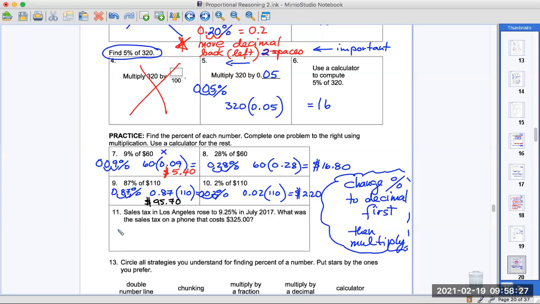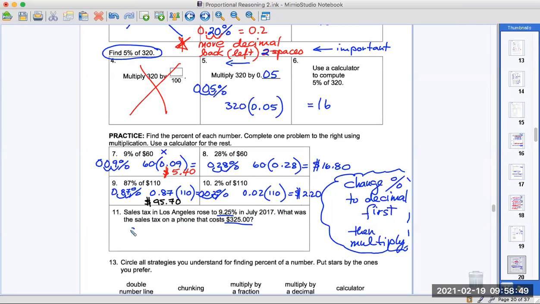Okay. Another sales tax. They raised their sales tax to 9.25%. The phone that you're buying, or your mom, poor mom or dad buying, what was the sales tax on a phone that cost $325? So we have to add that. So first let's find the tax.